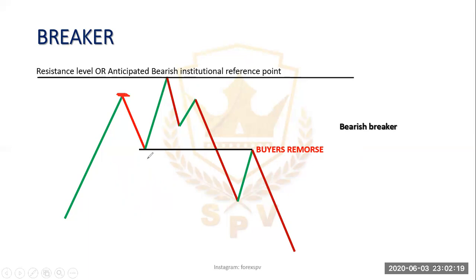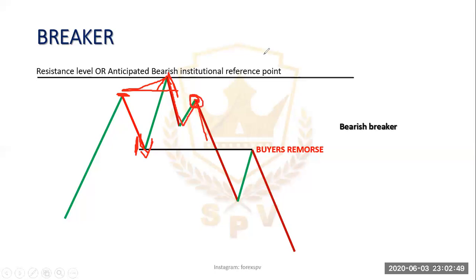So the last swing prior to this breaker, here we take the last red candle, which formed this last swing low prior to this breaker. Then this becomes a breaker block. And from this flashcard that I've drawn, you find that there is another swing high here, but it's not necessary for this to be formed.